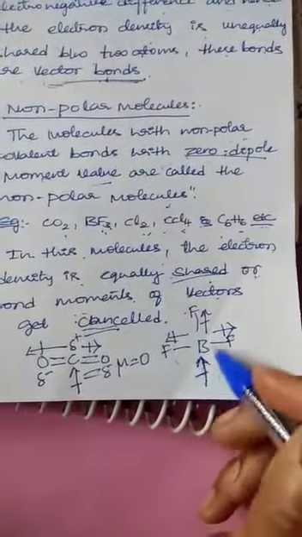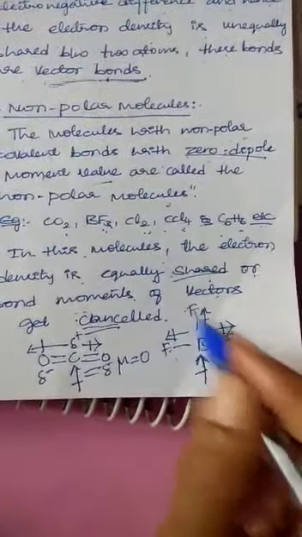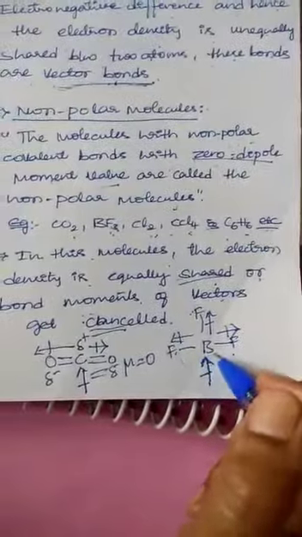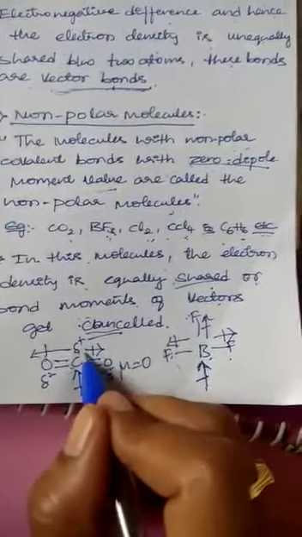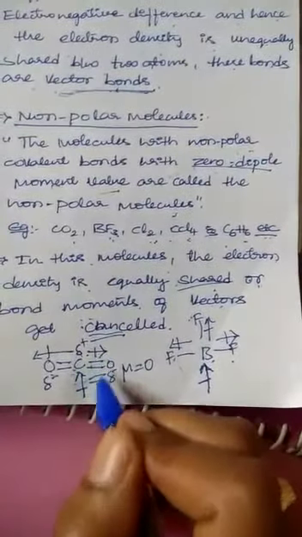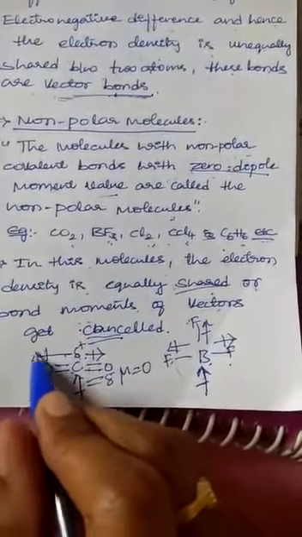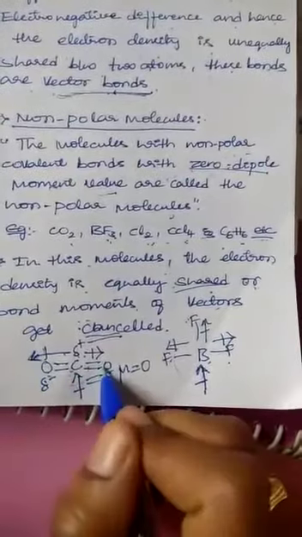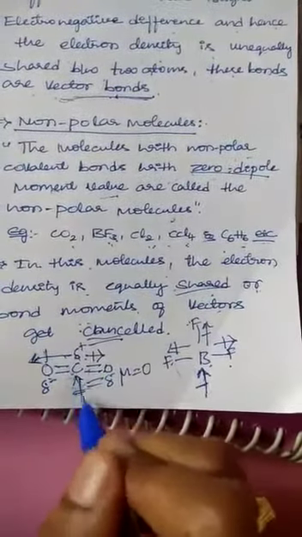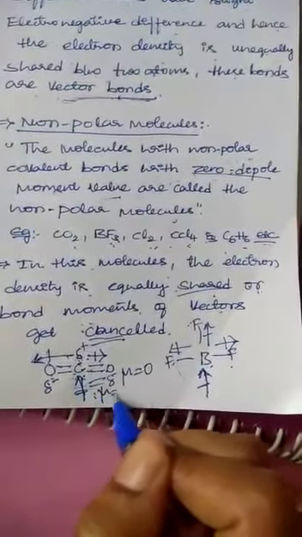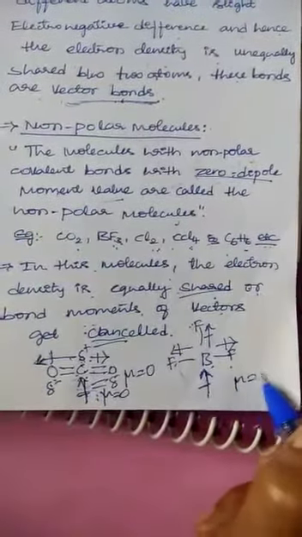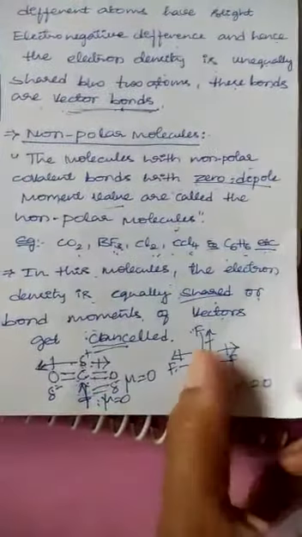Here fluorine is a highly electronegative atom when compared to boron. In the case of carbon dioxide also, carbon is electropositive compared to the oxygen atoms. So the bond moments move towards the oxygen atoms, but the net dipole moment is zero. So in this case mu is equal to 0. In this case also mu is equal to 0. Similarly for all these molecules. These are all non-polar molecules.